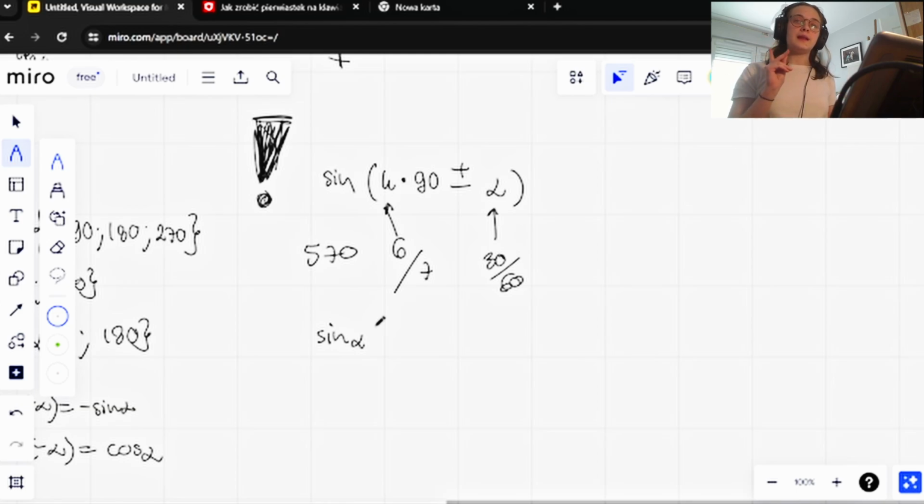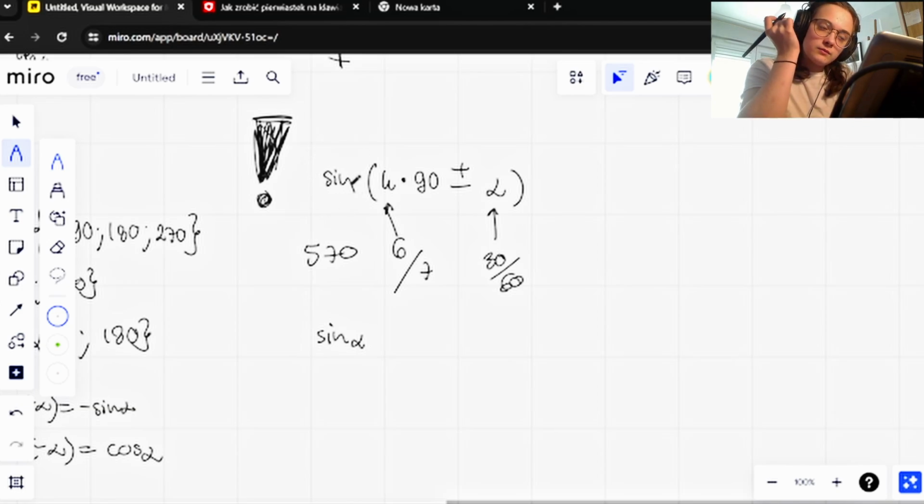But the very important thing is that we do not think about the end function. If we change our functions, for example to cosinus, we need to think not about this function, but about this function.